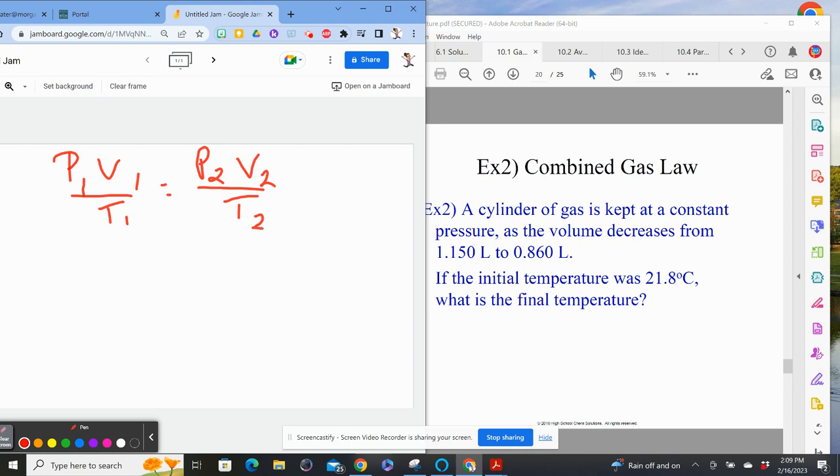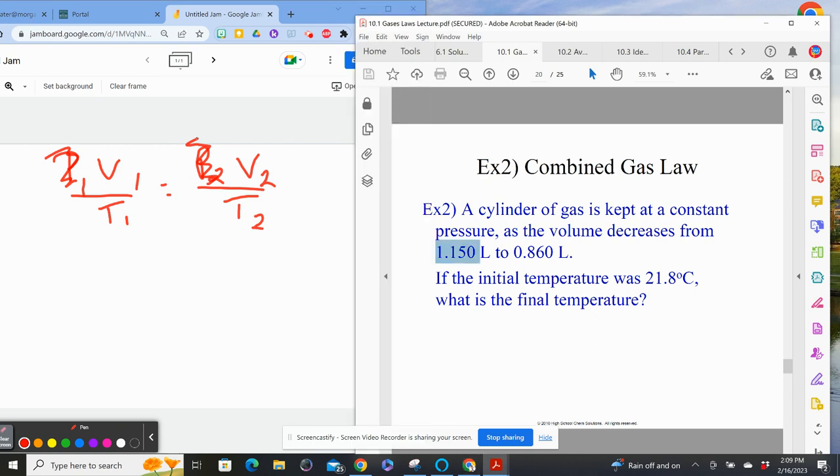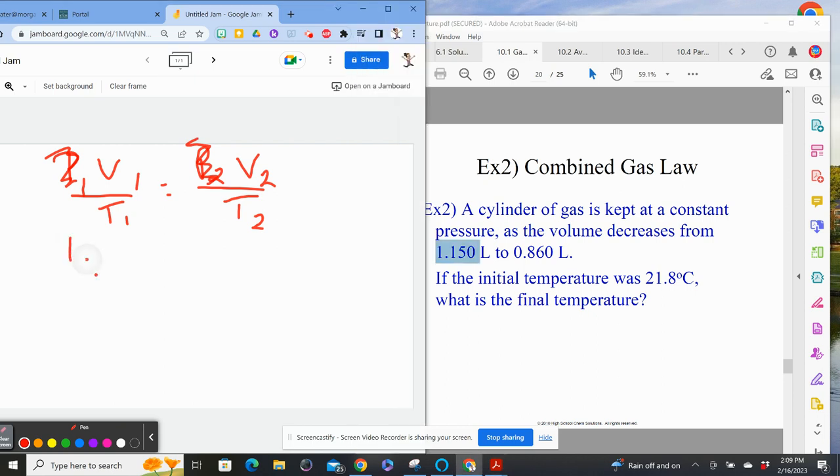All right, well, if I'm keeping pressure the same, I'm not changing the pressure, then I can cancel it out. All I'm doing is changing the volume and the temperature. Well, my initial volume was 1.150 liters.